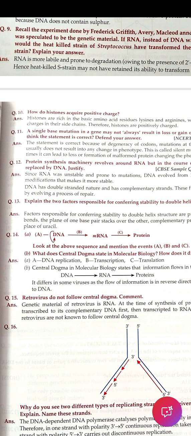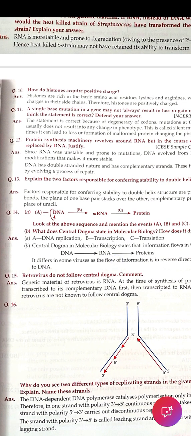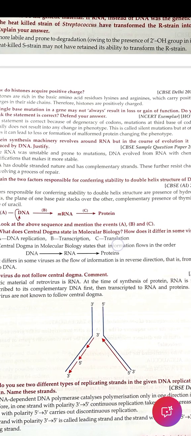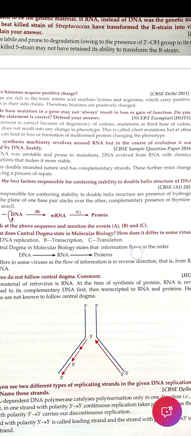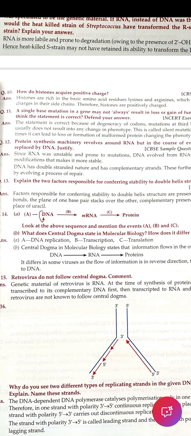Okay. Now next question is 12. Protein synthesis machinery revolves around RNA, but in the course of evolution it was replaced by DNA. Justify.